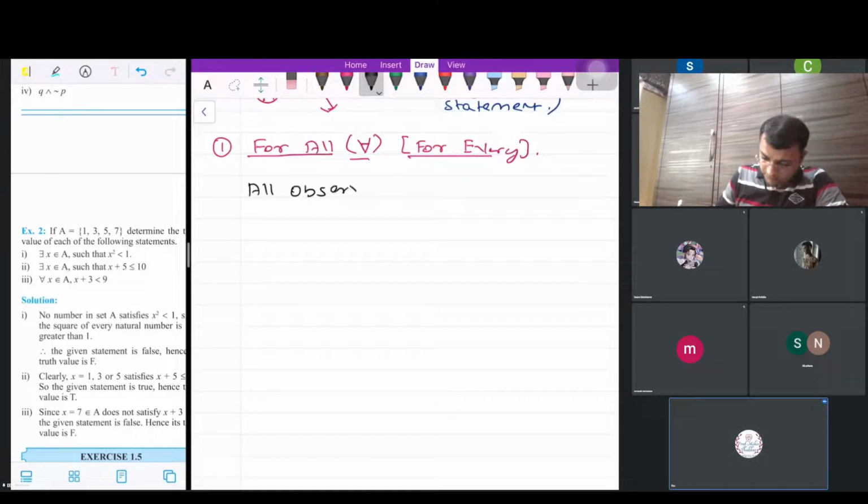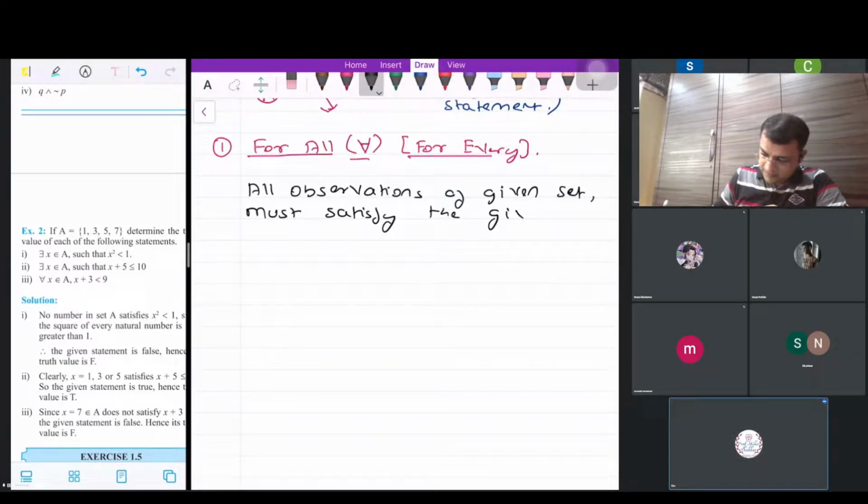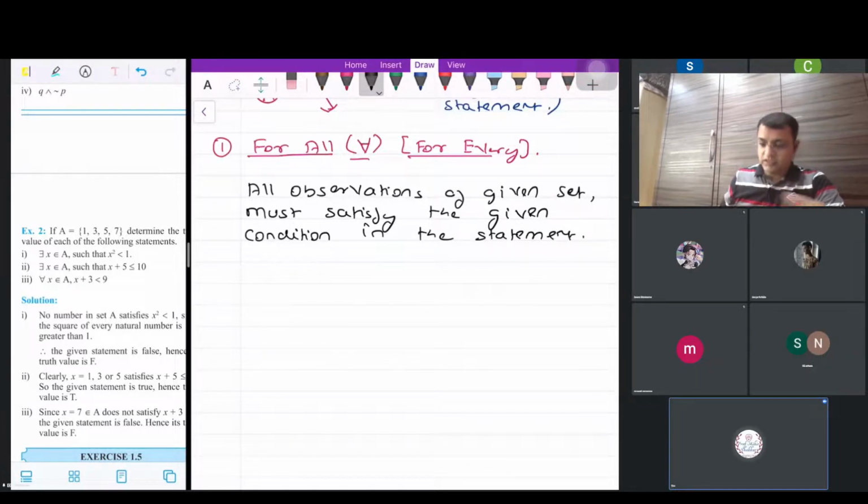All observations of the given set must satisfy the given condition in the statement.